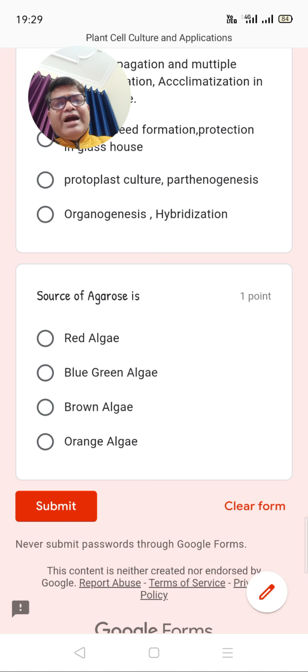Okay, so agar and agarose both are derived from the same algae. As you can observe, red algae, blue green algae, brown algae, orange algae. Can you predict? Correct answer is red algae.